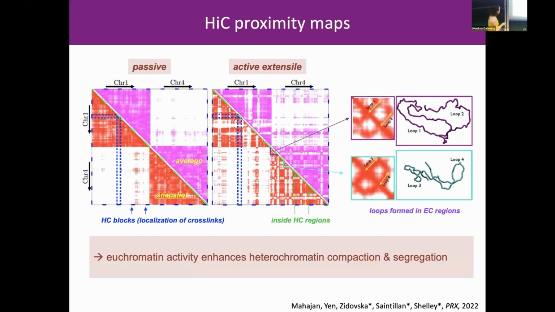So what you can see here along the sequence, I have highlighted in blue the heterochromatin blocks. Those are by definition in our model defined as pieces of chromatin without active forces, but with crosslinks. And so those along the diagonal are translated here into these green pieces.